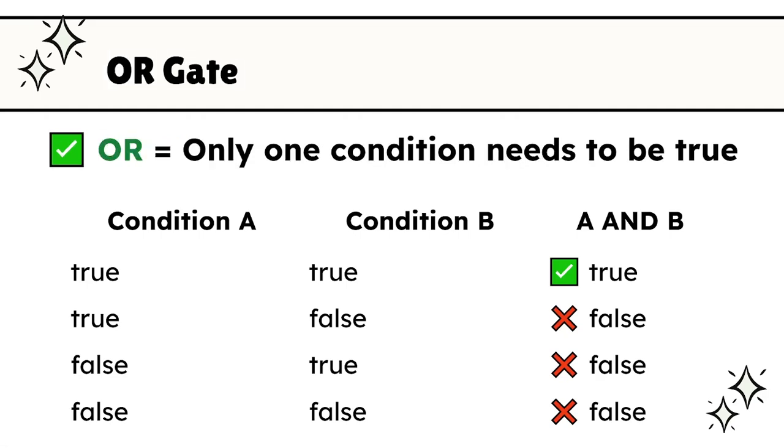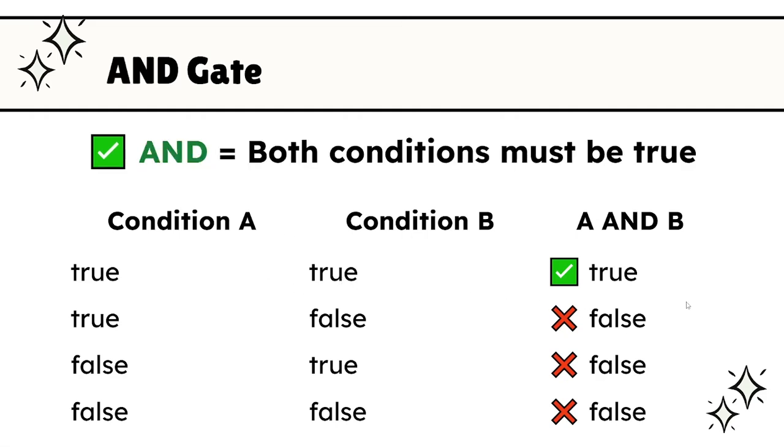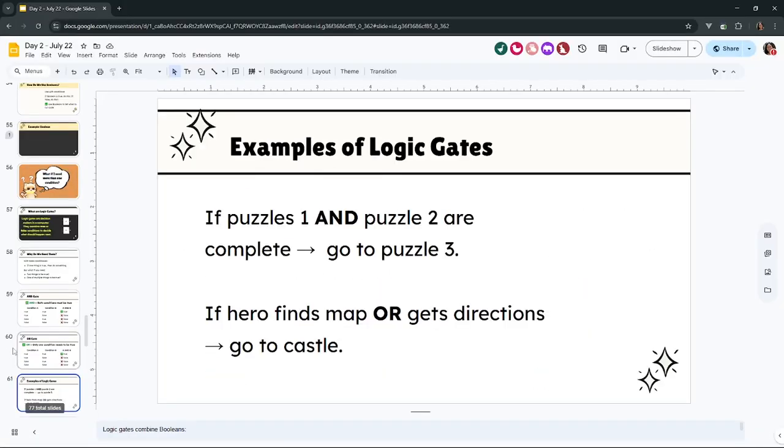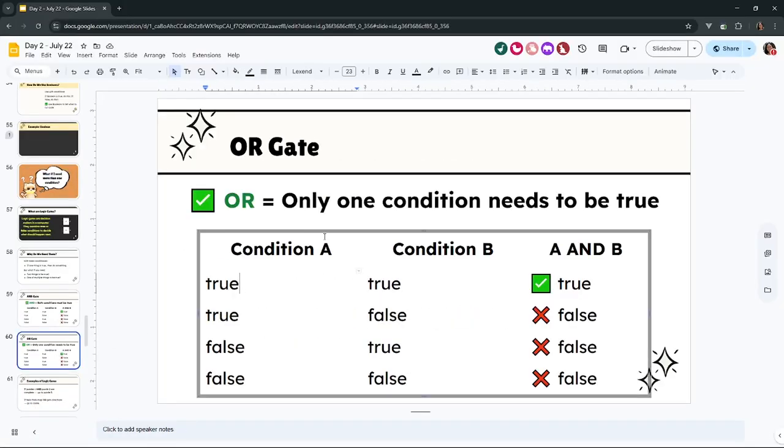So the OR gate just means only one condition needs to be true. So if condition A is true, and condition B is true, it's, this is the wrong graph because it's AND. So ignore that slide. This is wrong.